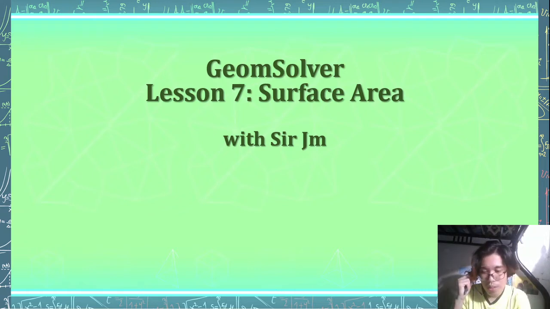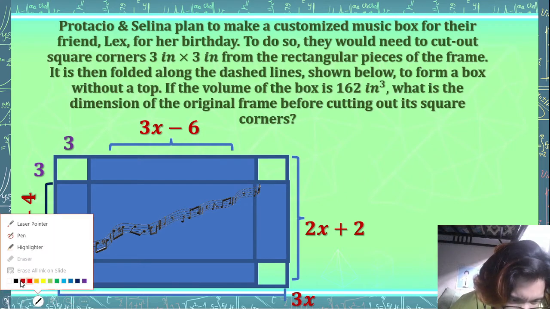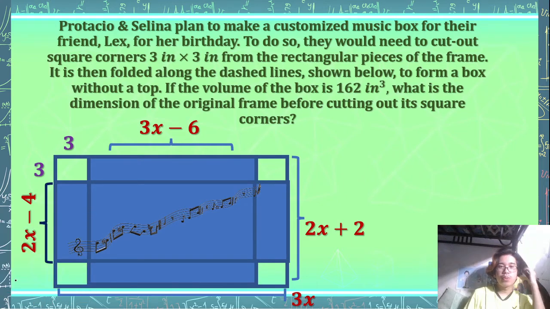We have here this first one. Let's read the problem. Protasio and Selena plan to make a customized music box for their friend Lex for their birthday. To do so, they will need to cut out square corners 3 inches by 3 inches from the rectangular pieces of the frame.